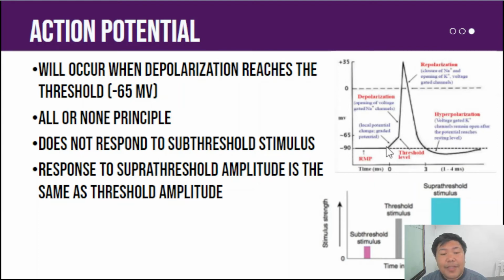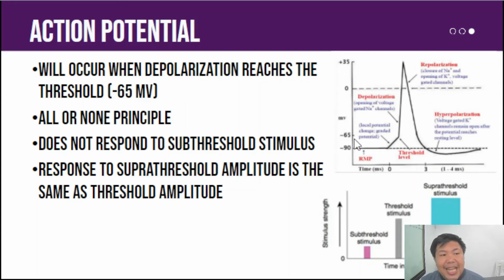And all of the efforts from negative 94, yung effort mo na binibigay para umabot siya ng negative 65, yan yung local potential mo. The effort for it to reach negative 65. Okay? And usually, ang action potentials natin, mayroon yung all or none principle.